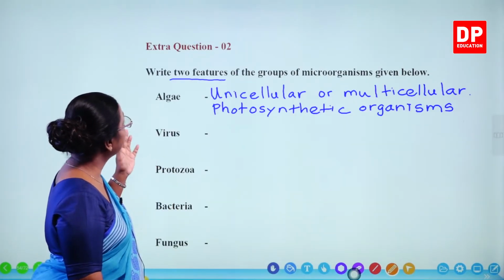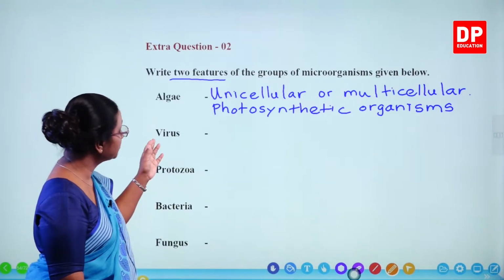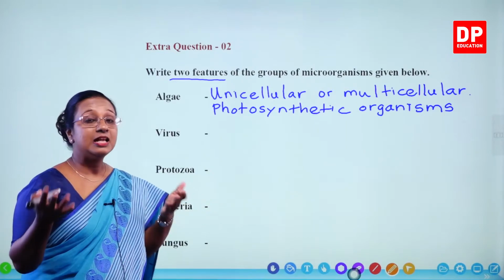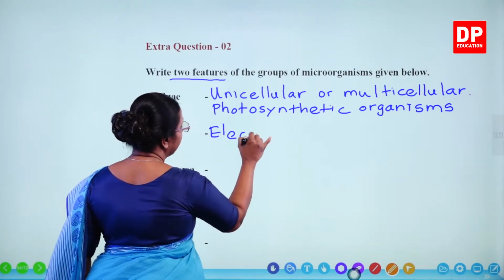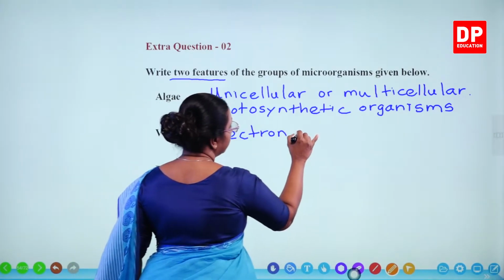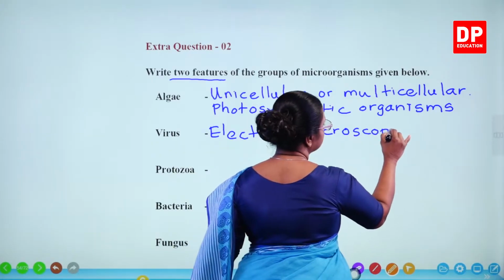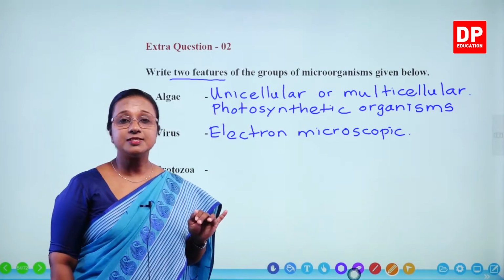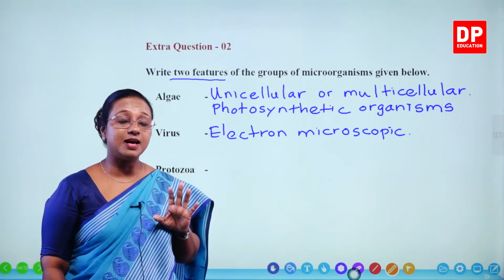Then the second one, virus. For virus, a very common feature, what is it? They are electron microscopic. I am writing very short answers, not complete sentences. What's the other one?